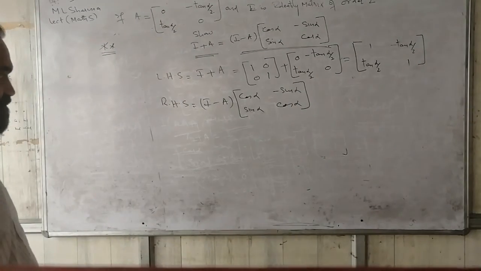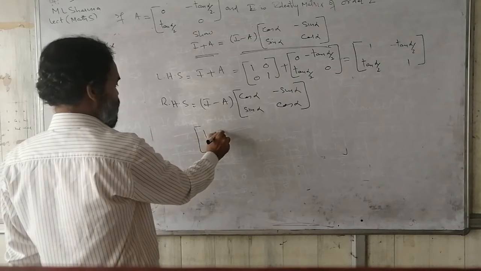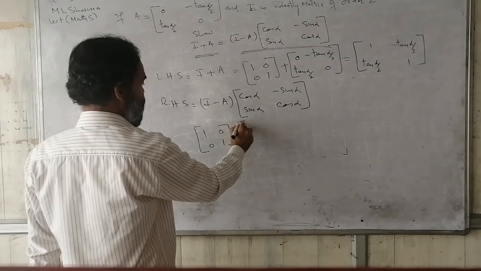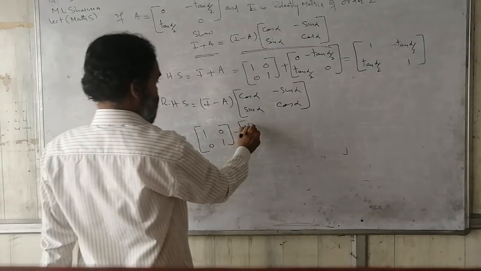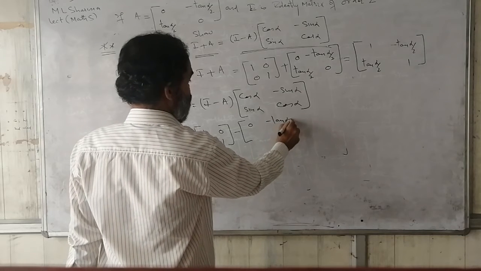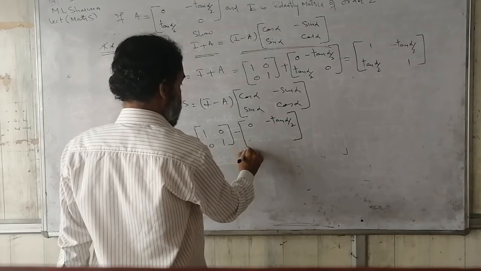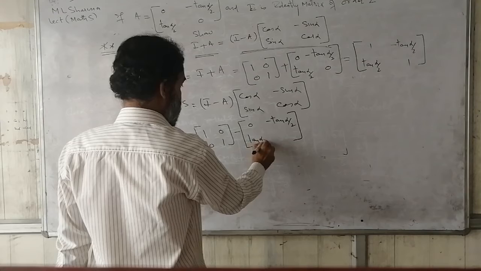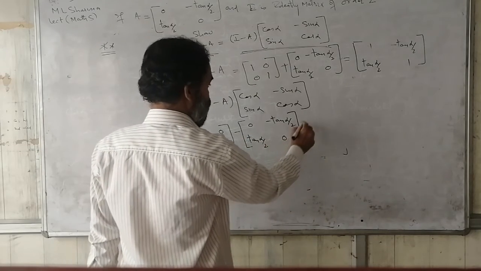So its value: I is 1 0 0 1, minus A. A is 0, tangent alpha by 2, minus tangent alpha by 2, and 0.